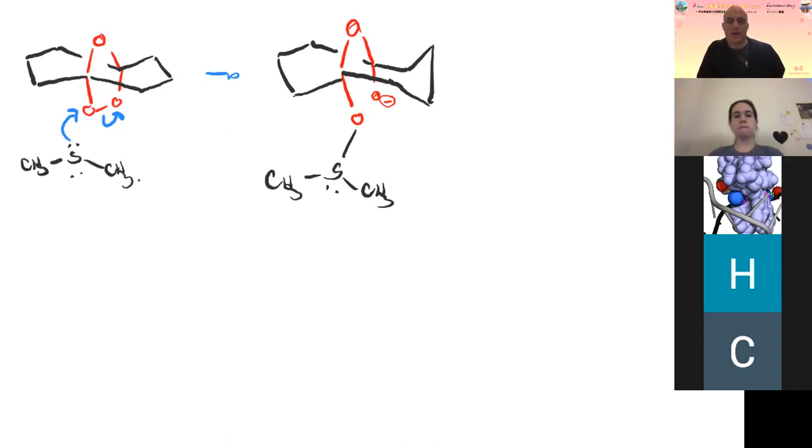It's important, you've got to balance the charges. So plus on sulfur, oxygen, no charge going in, can't have any charge coming out. And then, so you want to see the collapse?